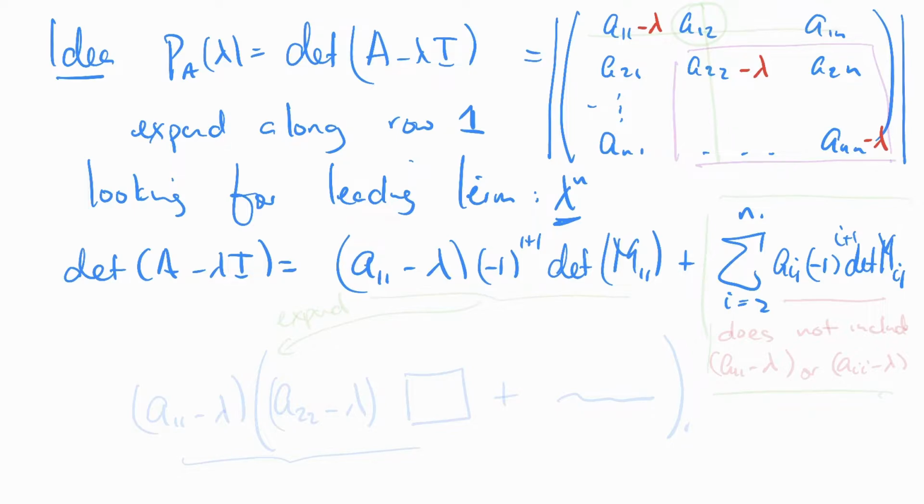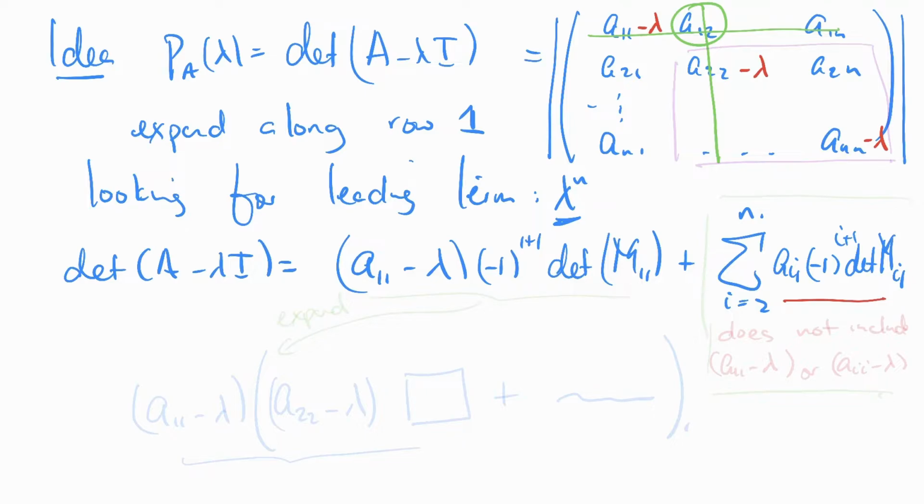Let's think about this for a second. The first term in this sum is going to be corresponding to this entry right here, A12. We're going to ignore the row and column that it's in, multiply by a power of -1, and multiply by the determinant of M12. Okay, so what you'll notice is that A11 minus lambda and A22 minus lambda are excluded.